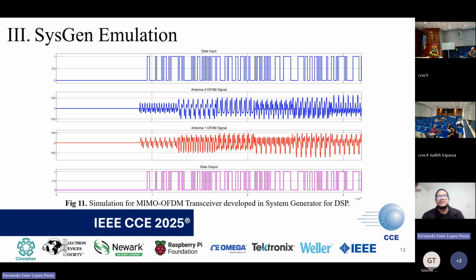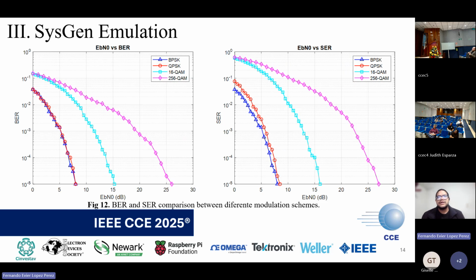This corresponds to a delay between the data input and the time it takes to start getting information from the system. This delay was applied to all of the signals so that we can compare them more easily. We also generated some graphs for both the BER and the SER of the system.